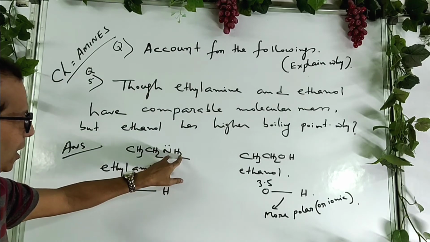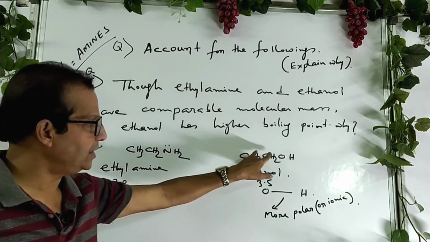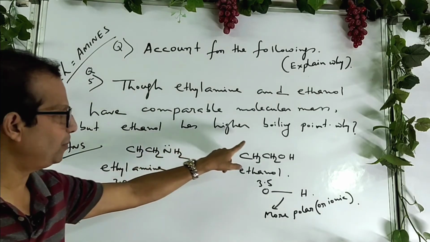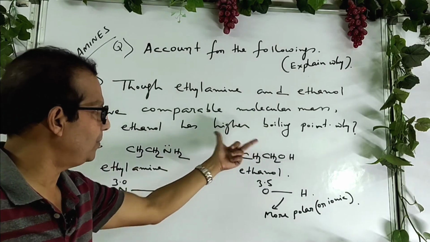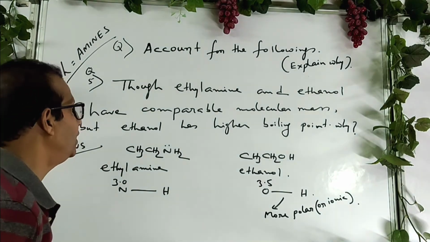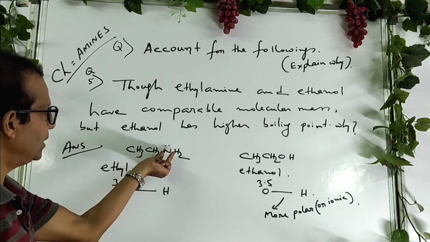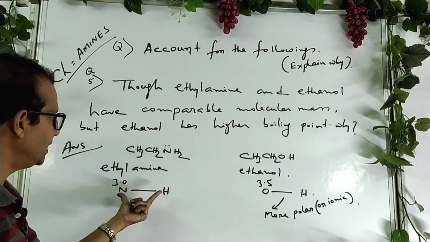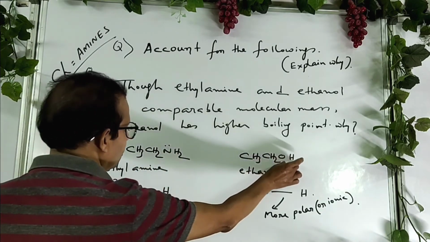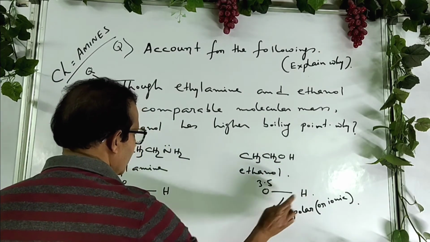Both have nearly the same molecular mass. So we cannot explain the boiling point on the basis of molecular mass. Now the second, hydrogen bonding. Ethylamine contains a nitrogen-hydrogen bond. Alcohols also contain oxygen-hydrogen bonds.